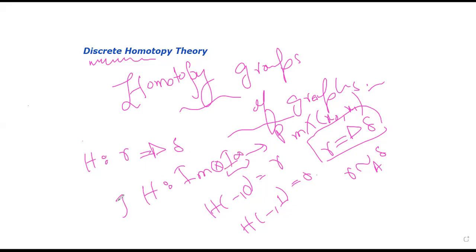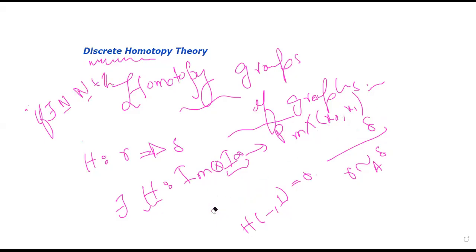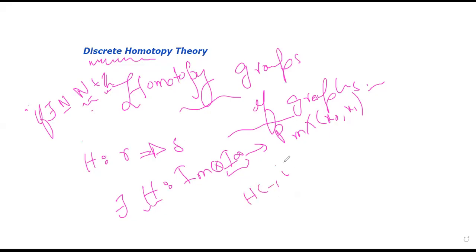there exists a graph map from I_m box product with I_infinity to P_M(x0, x1) such that there exist two integers n minus and n plus. h'(·,i) is equal to gamma for all i less than n minus, and h'(·,i) is equal to sigma for all i greater than or equal to n plus.